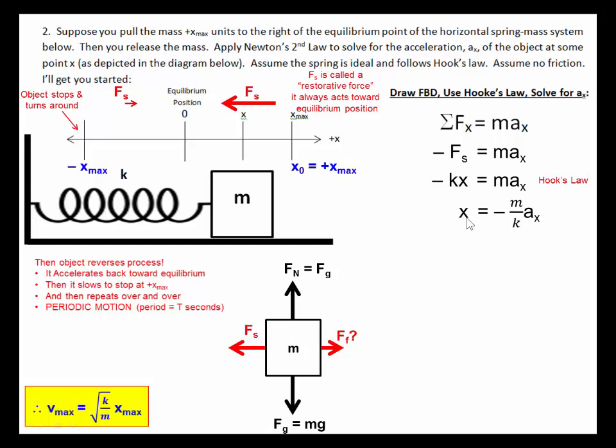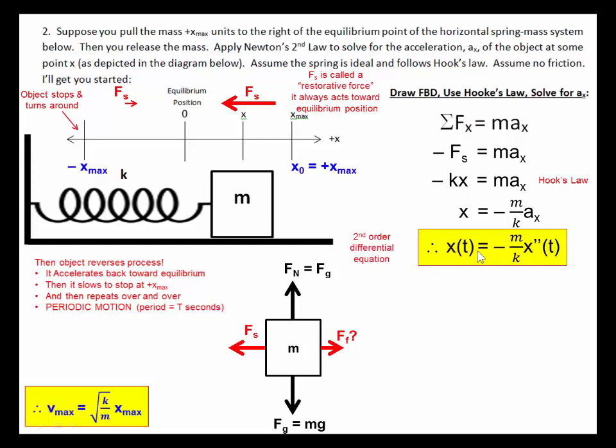Now let me ask you, what is the relationship between our position and our acceleration, if you think back to September? Well, the acceleration is the second derivative of our position. So we have our position as a function of time equals minus mass over the spring constant times our acceleration, which is the second derivative of our position.